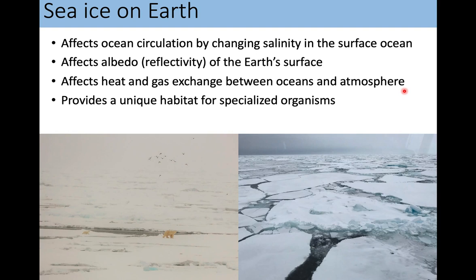It also affects the reflectivity of the surface of the Earth, which is called albedo. How does Earth absorb heat coming in, or does it reflect it back out to space? It also affects how heat and also gases exchange between the ocean and the atmosphere. And of course, it provides a very unique habitat for animals and organisms that rely on it.